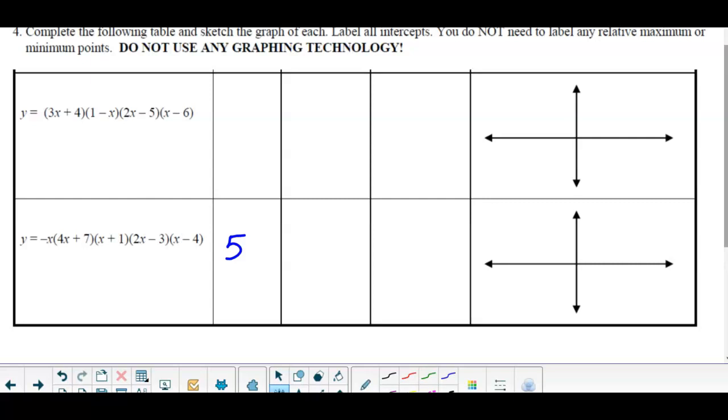Next column, sign of the leading coefficient. Again, make sure, because some of these factors might not be having the x first. Maybe it'll say 1 minus x. Or sorry, maybe here, 4 minus x. Yeah, exactly. So you need to be careful. If you expand it out, what's the leading coefficient? Not necessarily in factored form, right?